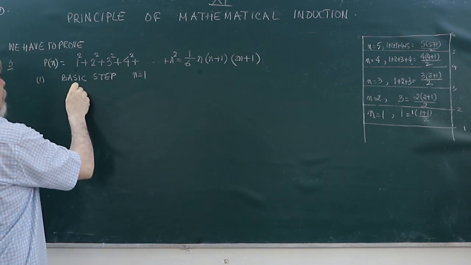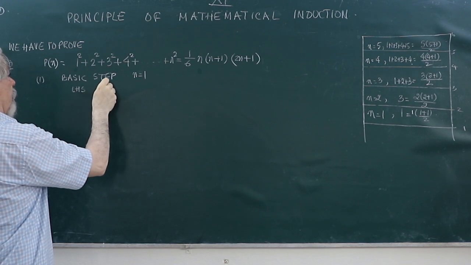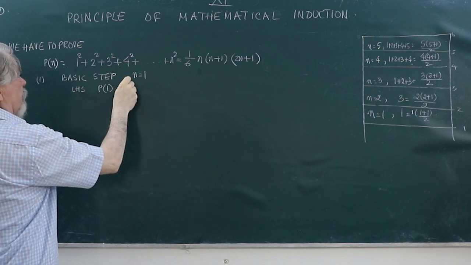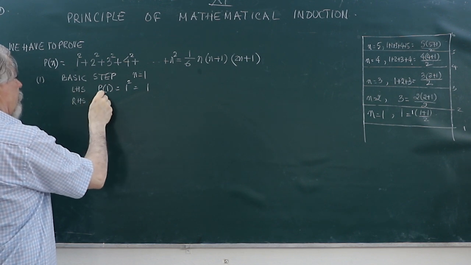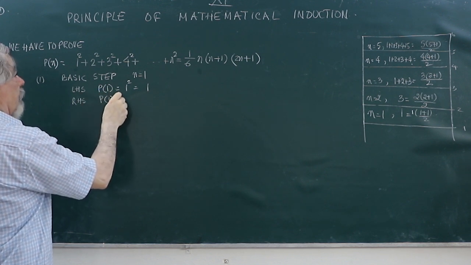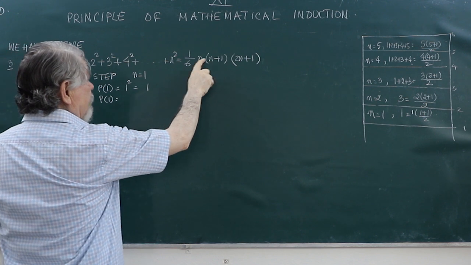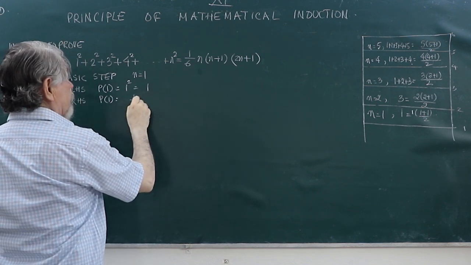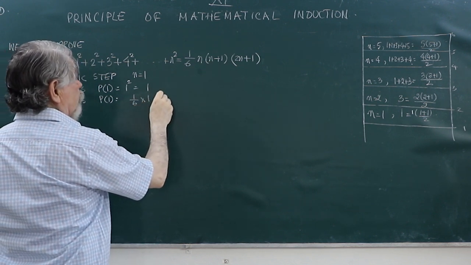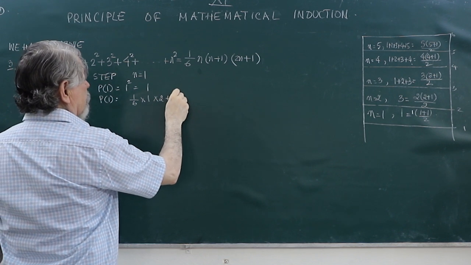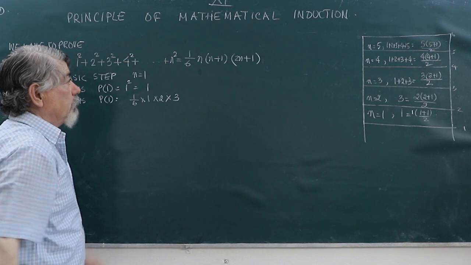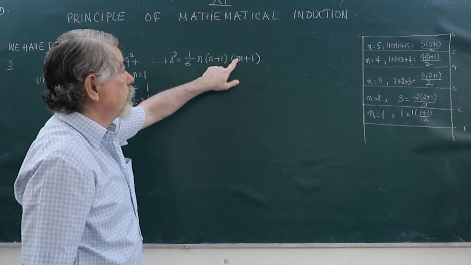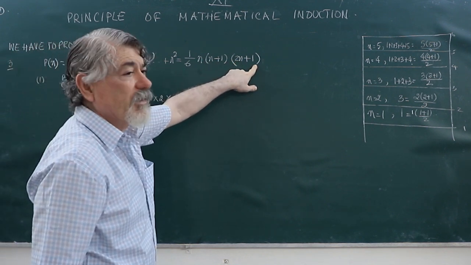So left hand side P1 will be equal to 1 square, that is 1. Right hand side, let me see what is the value of P1. If I put n is equal to 1, it will be 1 upon 6 into 1 plus 1 into 2 plus 1. 1 plus 1 is 2, 2 into 1 is 2, 2 plus 1 is 3.